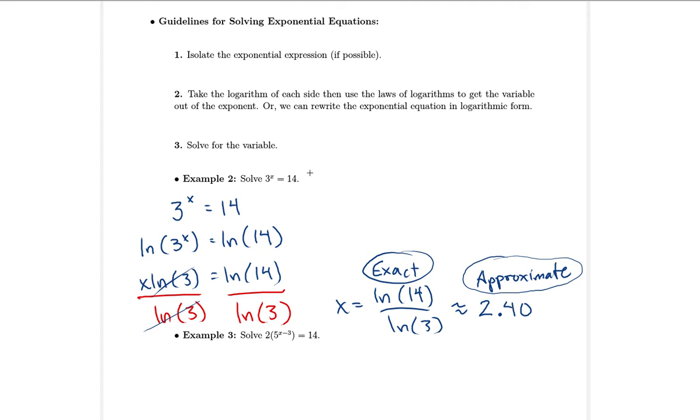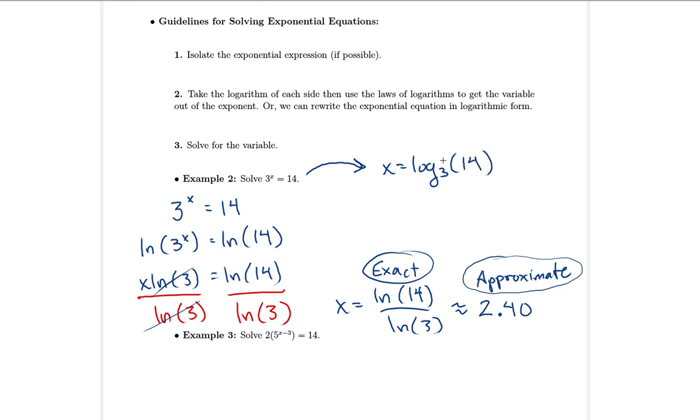All right. Now, just as a side note here, what would the other approach have been? The other approach would have been to rewrite this in logarithmic form. So I would have said x equals the log base 3 of 14.